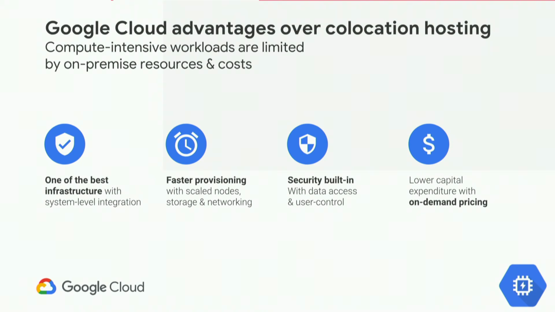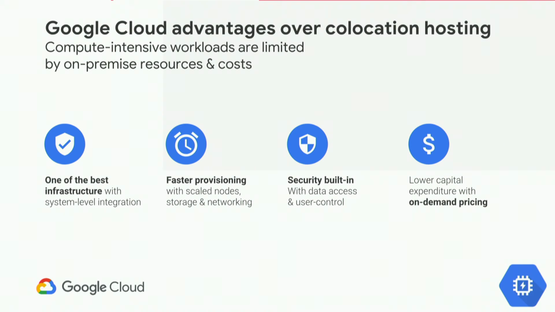And I'll just talk a little bit about the benefits of using GPU compute on Google Cloud. First is the infrastructure. We've been doing this a long time, building servers, data centers, innovating on power and cooling. And by choosing Google Cloud, you get to take advantage of that infrastructure.